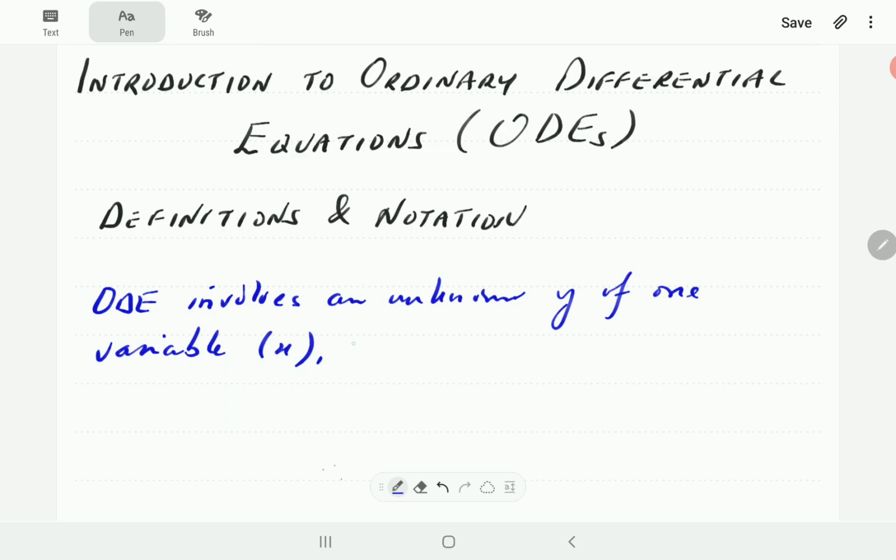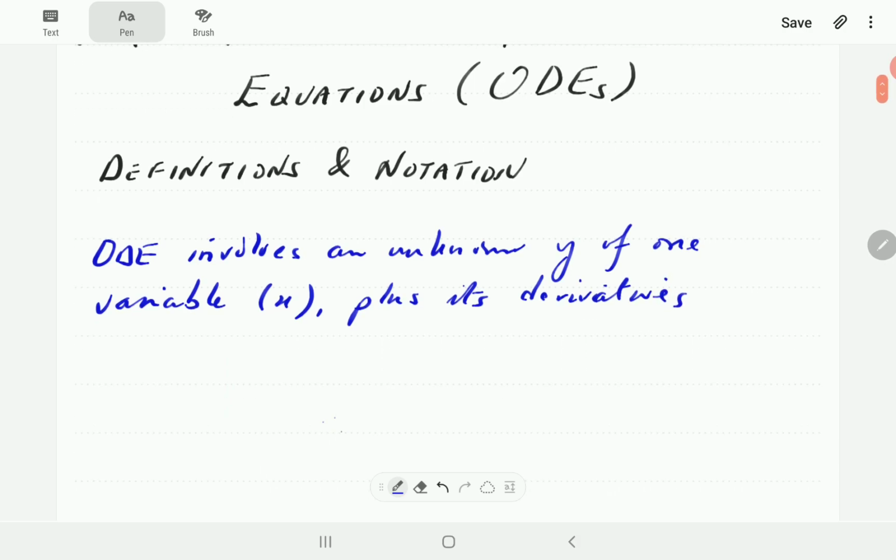And then in this equation we are also going to have the derivatives of the unknown function. Okay, so that is an ODE.